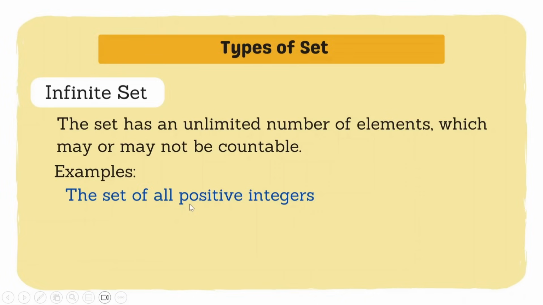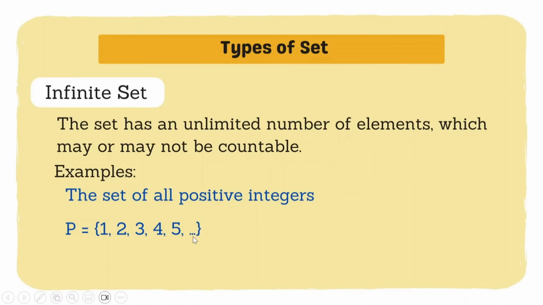Kaya kung ililista natin siya using the roster method, ganito po ang kanyang itsura. So we have here set P or the positive integers with elements 1, 2, 3, 4, 5. Ito po yung mga positive integers natin pero nagtatapos po ba siya sa 5? Hindi po.